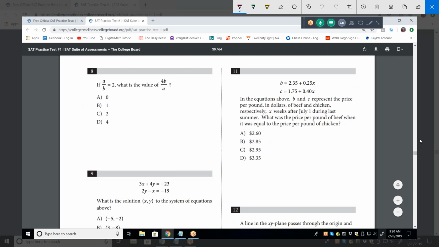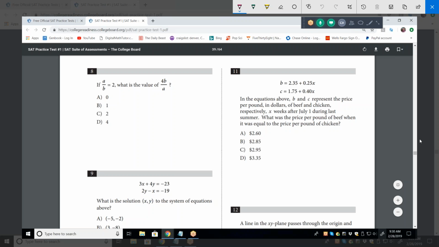Now, it's important to recognize what the problem is here. B and C are to represent the price per pound in dollars, beef or chicken. And that price is based on time. How many weeks after July 1st during the summer? So if it's the first week after July 1st, X is 1. Price of chicken, figure out what it is. Price of beef, figure out what it is.